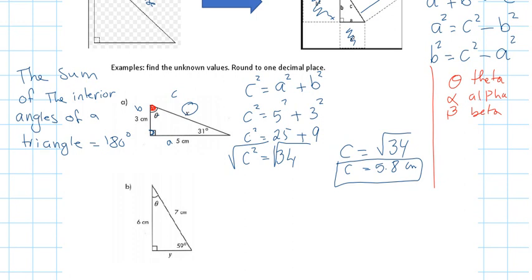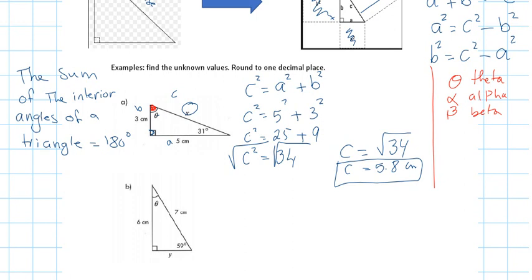If I want to find the third angle, the interior angles of a triangle add up to 180. So if I add all three angles, that gives me 180.